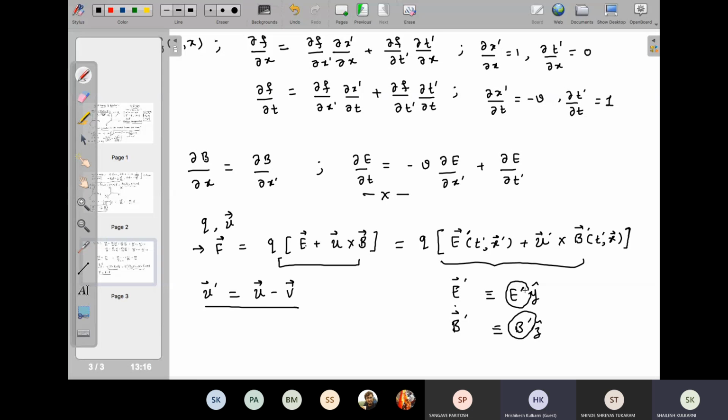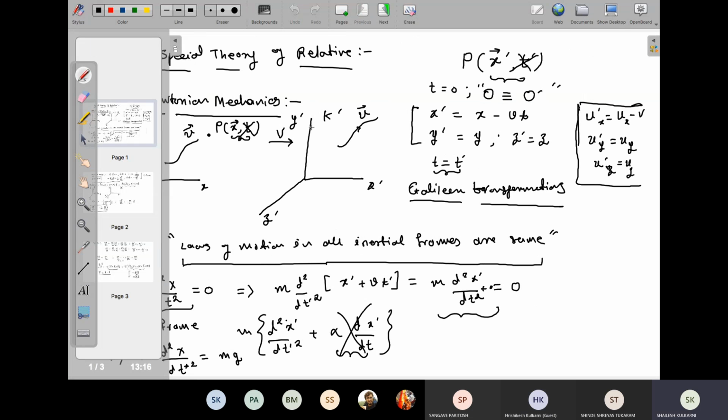Sir, I didn't understand the reason why the direction doesn't change under Galilean transformations. See, suppose there is a vector; they are not going to change its direction, because of the way these transformations are constructed.